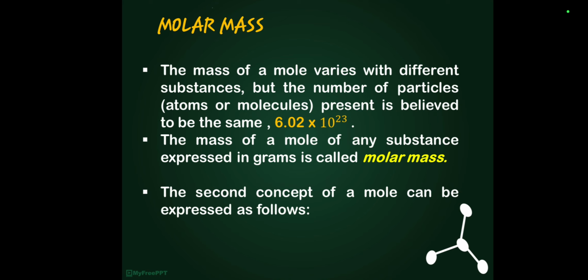Let's go back to Avogadro's number, which is 6.02 times 10 to the power of 23, and it is constant. The mass of a mole of any substance expressed in grams is called the molar mass. That's why I've said that 1 mole is equivalent to the atomic weight of a certain element or a certain compound.